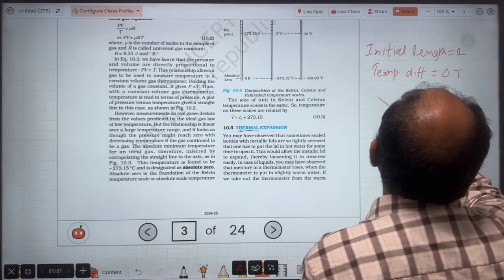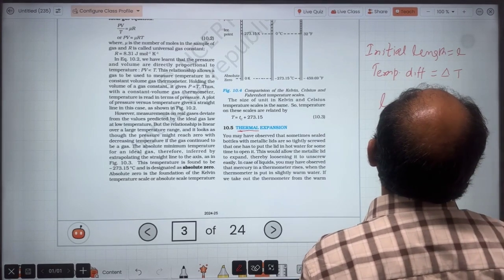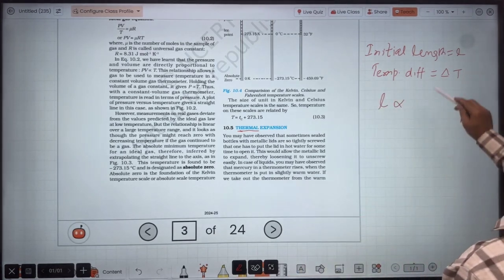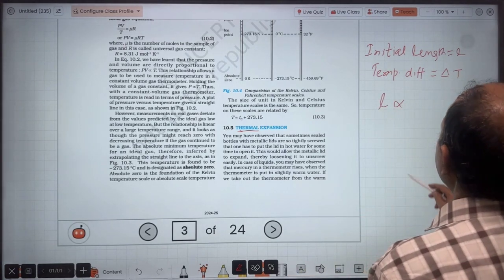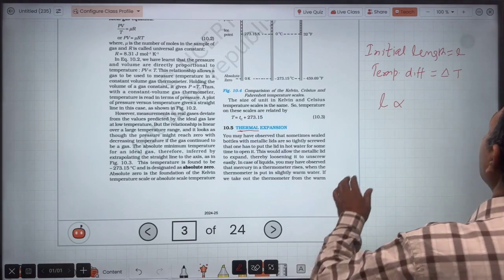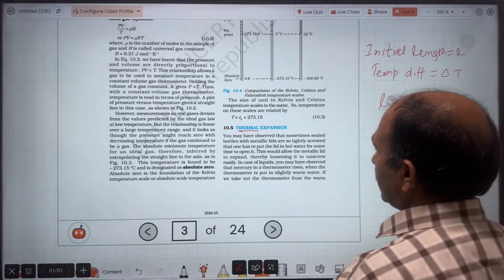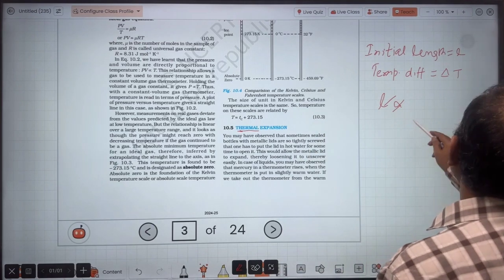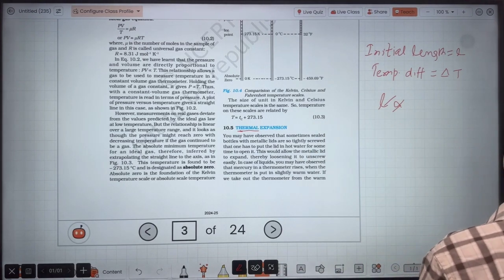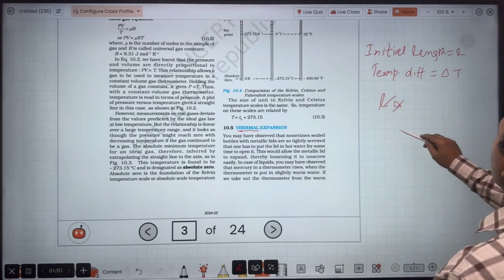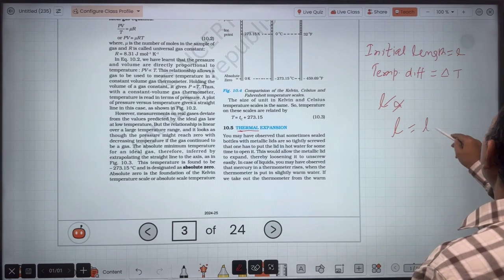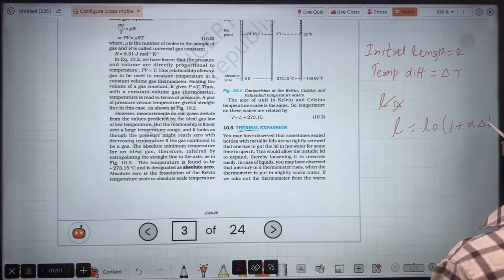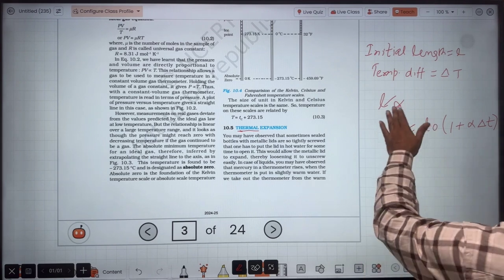So we say that initial length is proportional to what? So expansion, here we can say that initial length, or just you can write increase in length depends on what factors. So actual formula is L equal to L0 (1 plus alpha delta T), right?